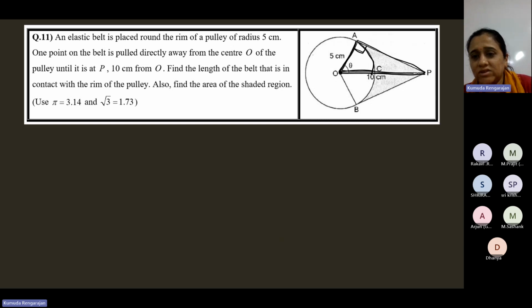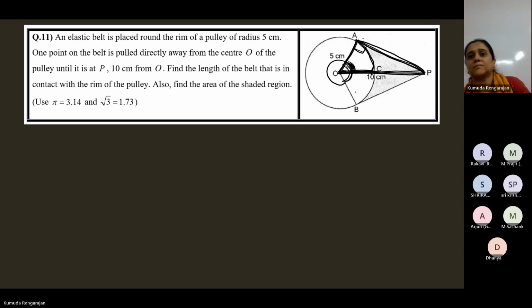So you can find the area of this right triangle, subtract the area of this sector, whose sector angle is 60 degrees, not 120. This one is 120 and this one is 240. This is only 60. So find the area of this right triangle, find the area of this sector with sector angle 60 degrees, subtract, and you'll find the area of this region. Into 2, you'll get the area of the full region.